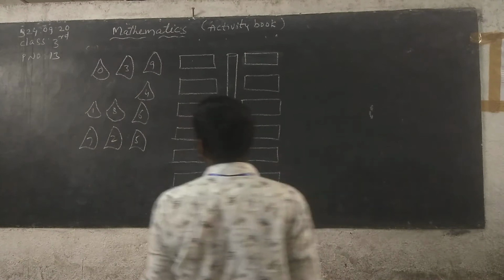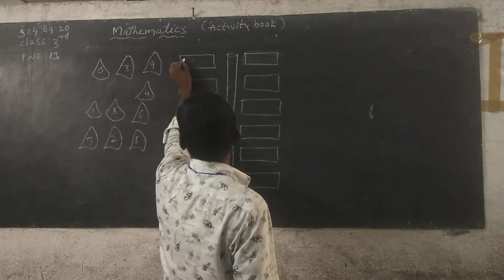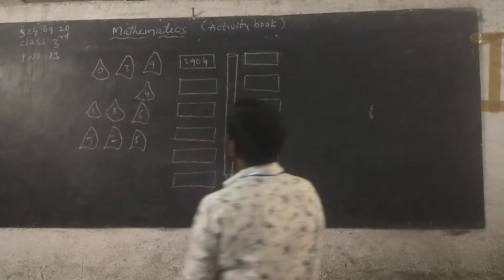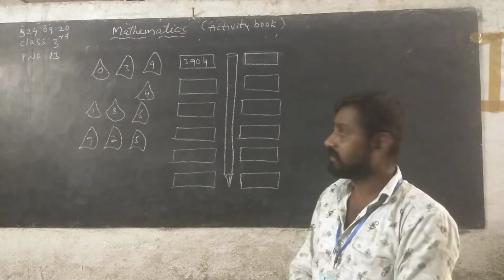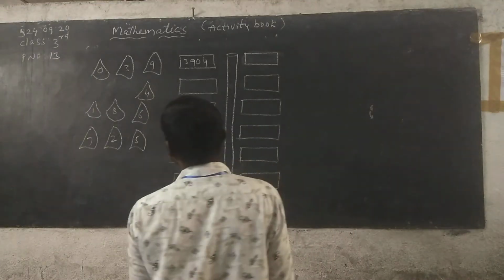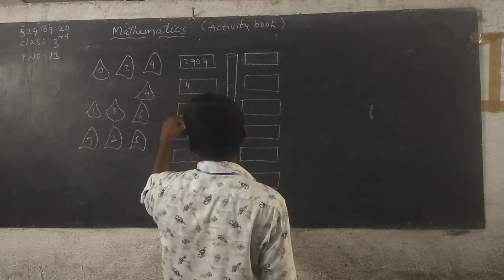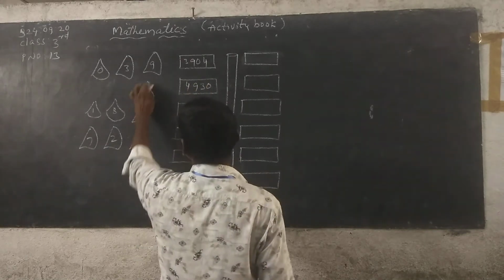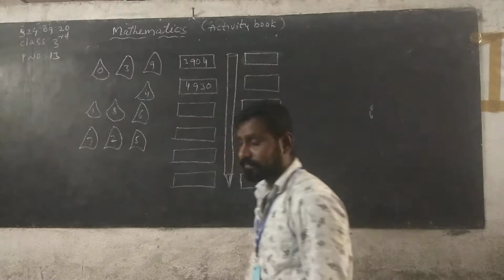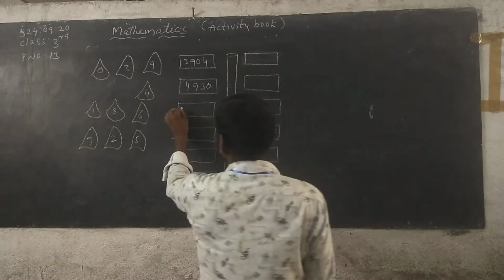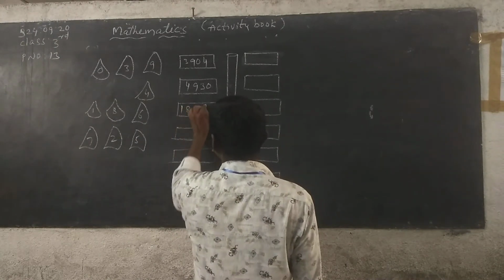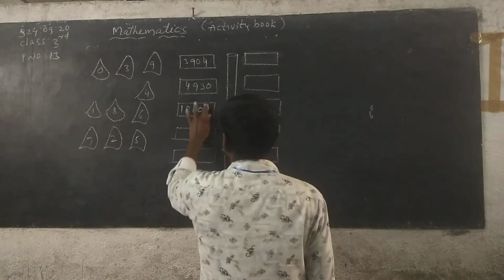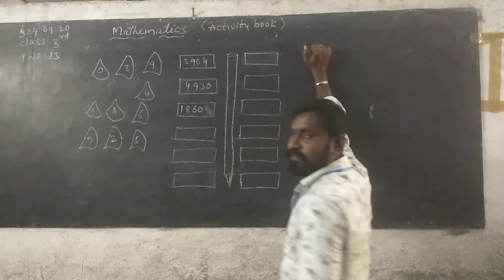Now I am taking first 3, 9, 0, 4, which means 3904. Next, that is your choice, I am taking 4, 9, 3, 0: 4930. Next 1860, a 4-digit number.